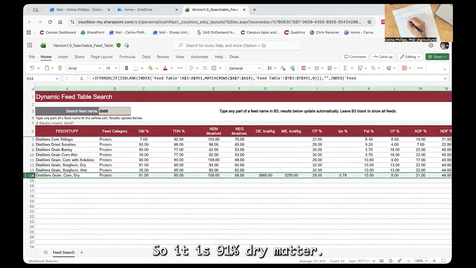So it is 91% dry matter. If I scroll over to protein, it is 29% crude protein. And if I cruise over to NEM, it is 100 mcals of NEM per hundredweight.